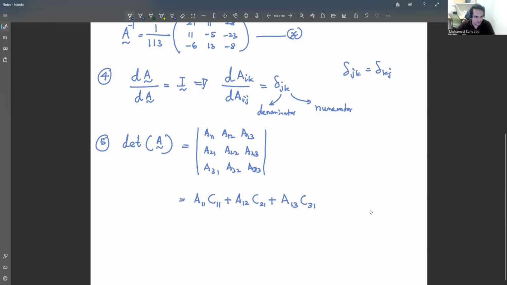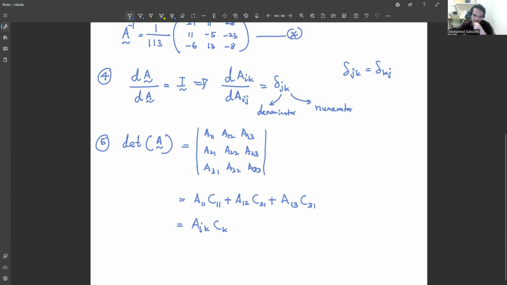Okay. Now, if you want to write this in index notation, how can you write that? That means repeated indices, right? 3, 3, 2, 2, 1, 1, right? So I will write that one first, K, K, right? Then another one is a free index, that means I, 1, 1, right?